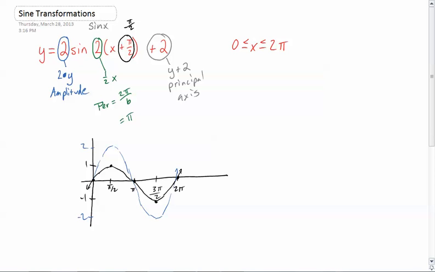So that's the first part of the y. The second part of the y is that it needs to be shifted up 2 spaces. So the principal axis, which was at 0, now needs to be shifted up to 2. So my new principal axis is going to be up here. Everything needs to shift up 2 spaces, 1, 2. The amplitude still needs to be 2, which means I'm going to have to go all the way up to 4 here.